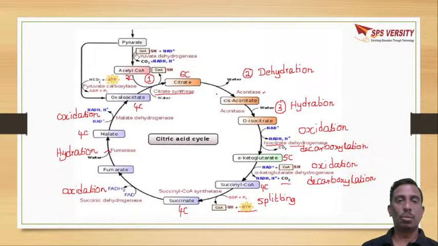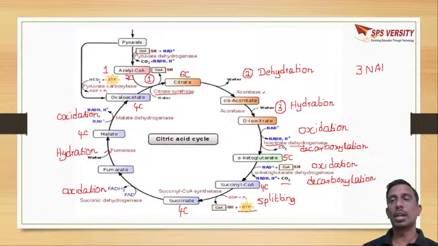If you see all these reactions, they are for only 1 mole of acetyl coenzyme A. So this 1 mole of acetyl coenzyme A in the Krebs cycle will form 3 NADH2.